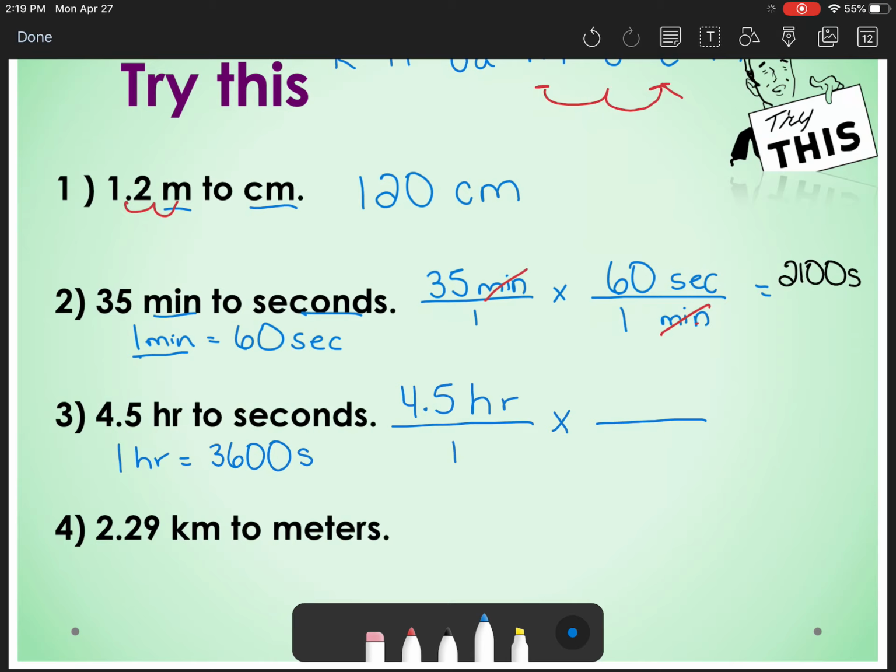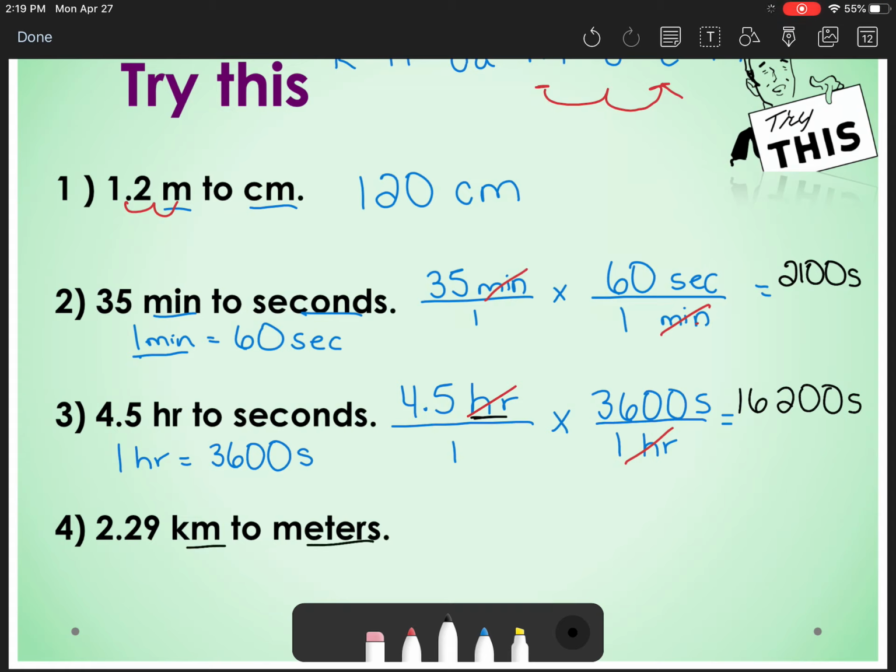I know that hours has to be written on the bottom in order to be diagonal from my original, so 1 hour, and therefore that leaves 3600 seconds on the top. Now I'm simply left to multiply, so 4.5 times 3600 seconds, and I cancel my units where I can. That leaves me with 16,200 seconds.